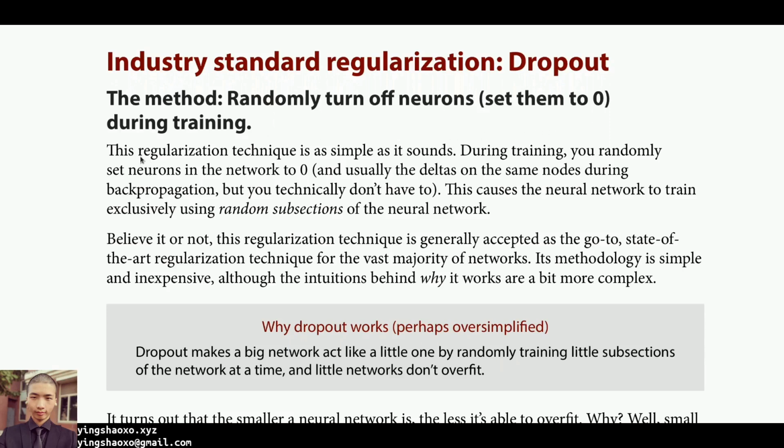I don't know. This regularization technique is as simple as it sounds. During training, you randomly set neurons in the network to zero, and usually the delta on the same nodes during backpropagation. But you technically don't have to do that. This causes the network to train exclusively using random subsections of the neural network.